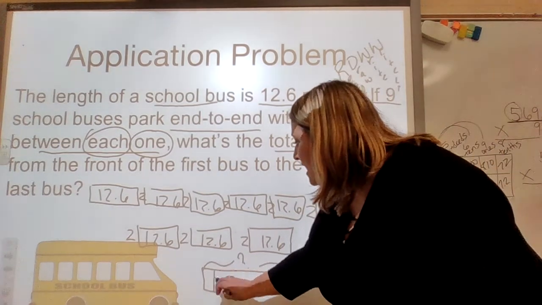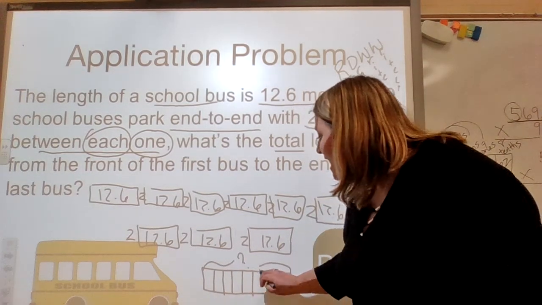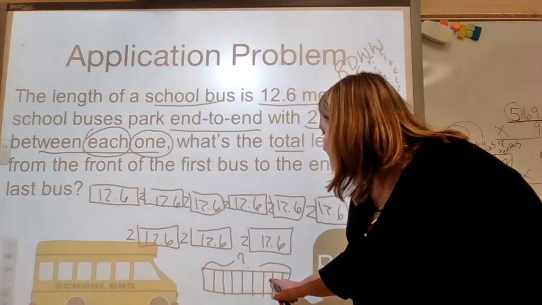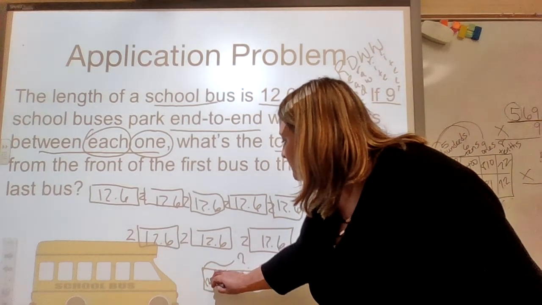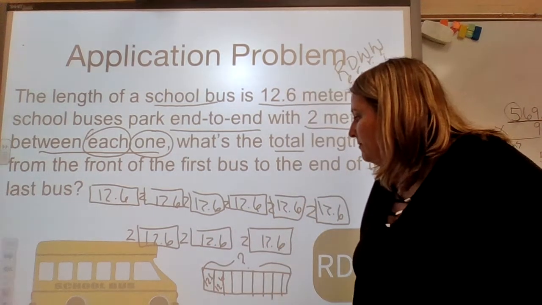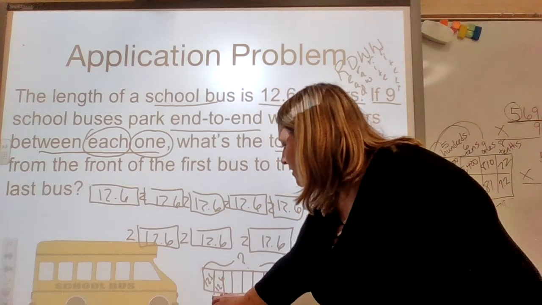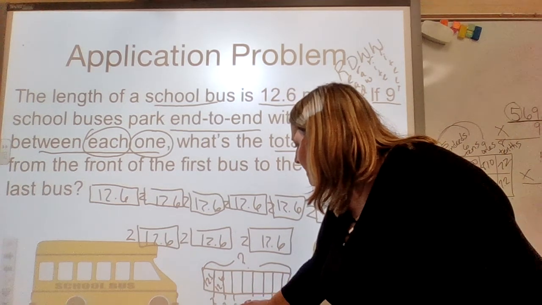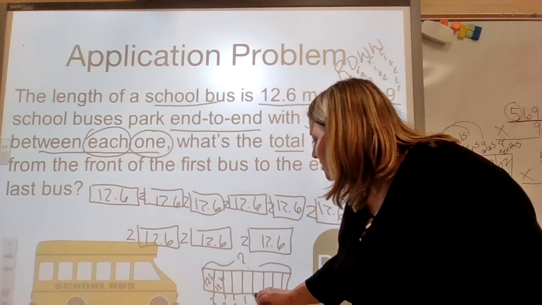And yes, I can draw 9 spaces. And I can put 12 6/10 in each one, just like I did here. I can also put in my tape diagram a little line down here representing 2 meters in between each bus.